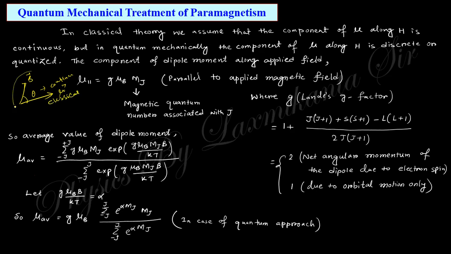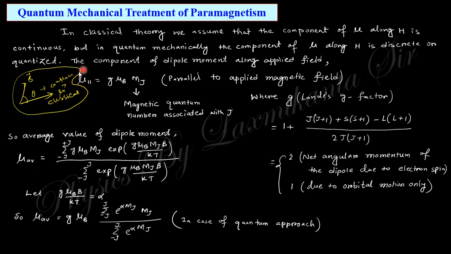But you know from atomic physics, the dipole moment is oriented in specific, specified directions. So an anomaly arises between atomic physics and the Langevin theory. That's why we take the quantum treatment, that is, we take the discrete orientation of the dipole moment with the external magnetic field.